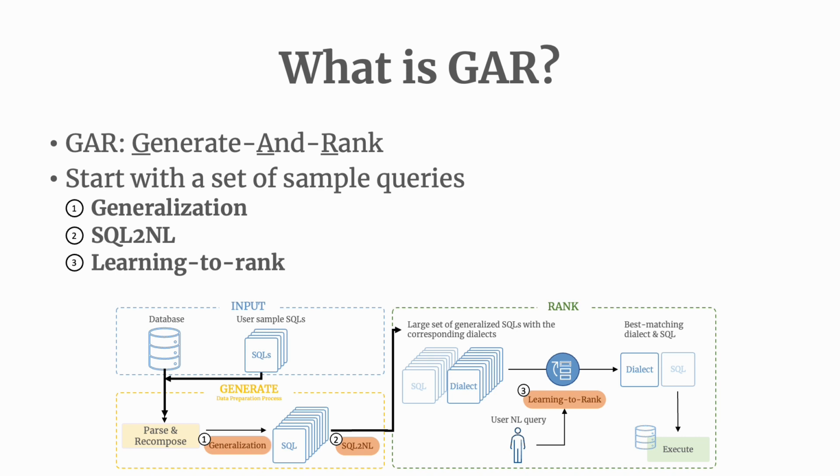In order to have the database semantics enhanced, GAR assumes a set of sample queries are given, and instead of following the traditional sequence-to-sequence approach, GAR is implemented in another way, using the following three steps: generalization first, SQL2NL natural language second, and learning-to-rank last. Okay, so let's go through GAR step by step in the next couple of slides.